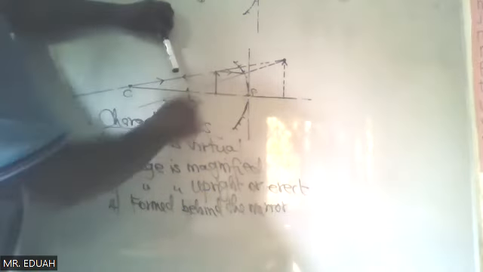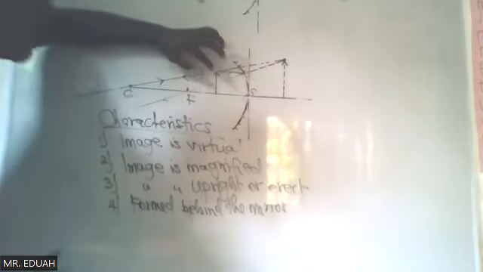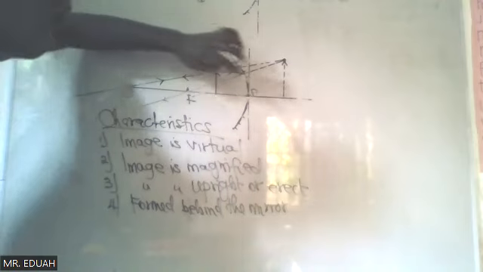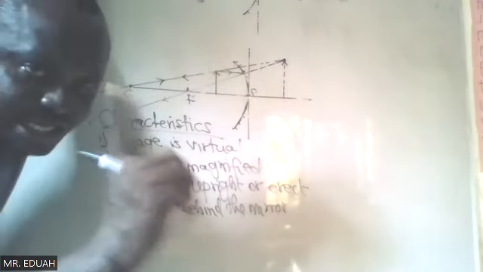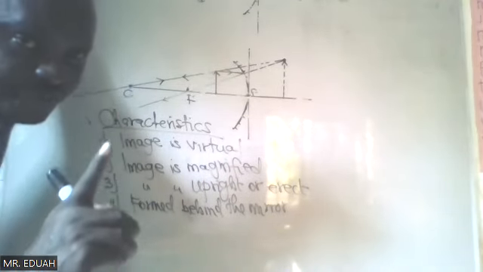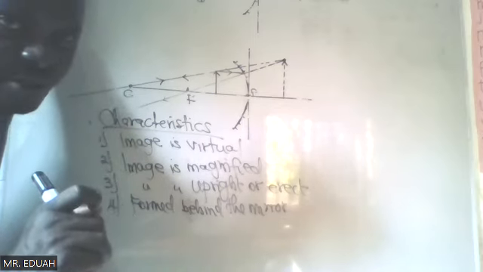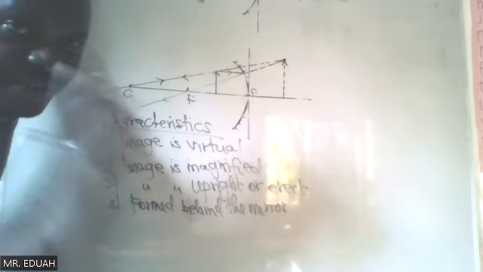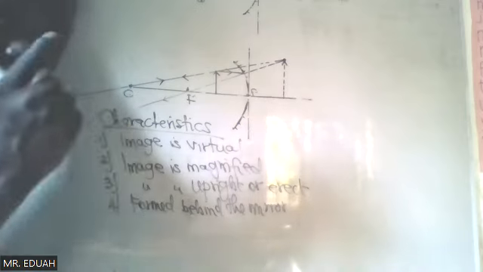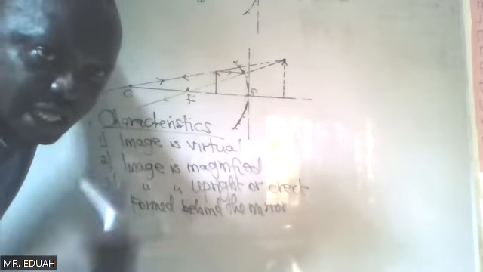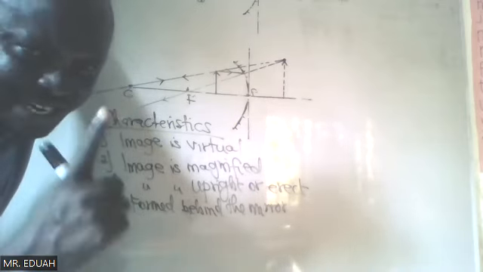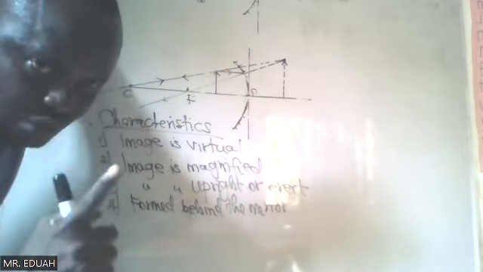Then finally, when the object is between F and the pole, that is the only situation where a concave mirror forms a virtual image. All virtual images are upright or erect. Take note.